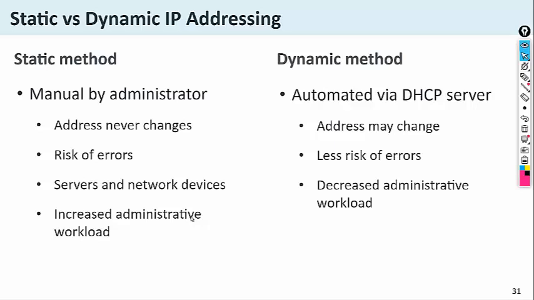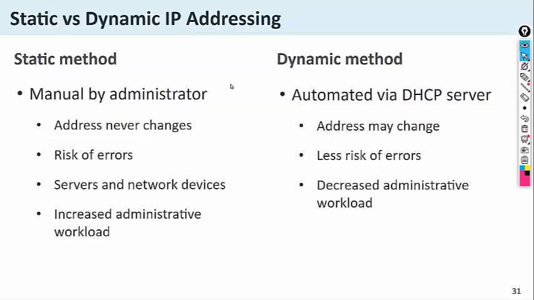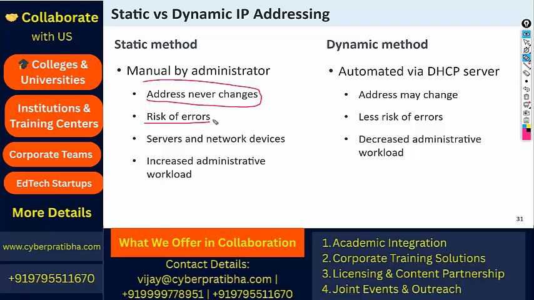The address assigned by the network administrator never changes; it will remain the same until it is changed again. There is also a risk of errors, because if you don't know the appropriate IP address and you provide the same IP address to two devices, there will be a problem.